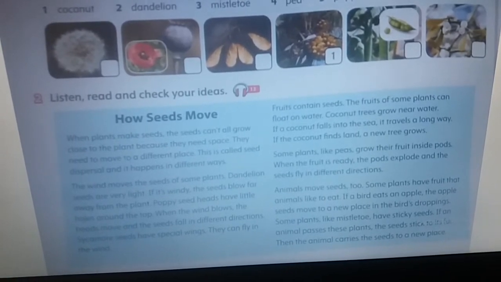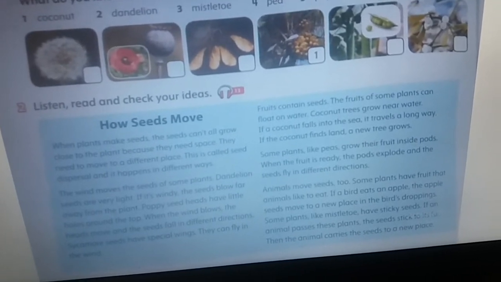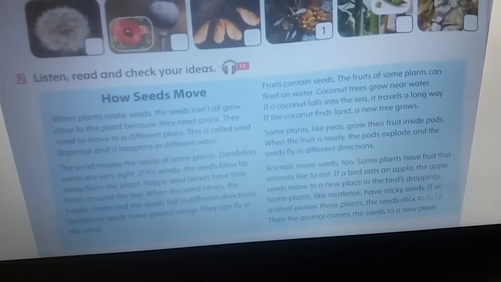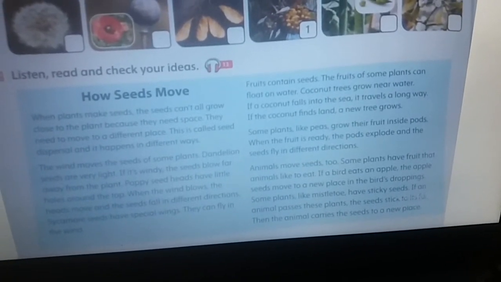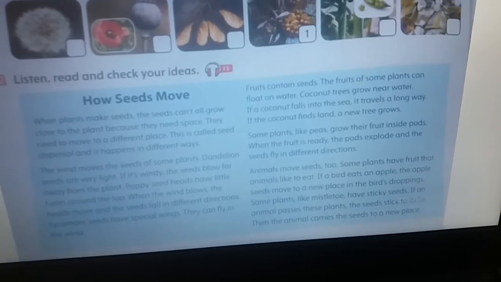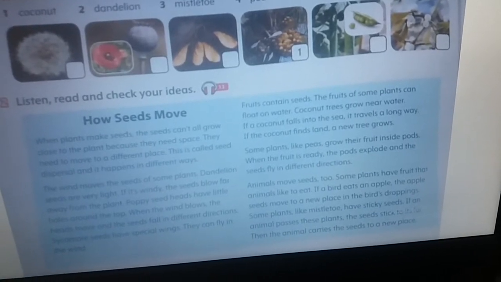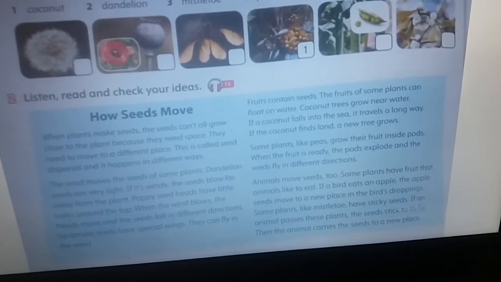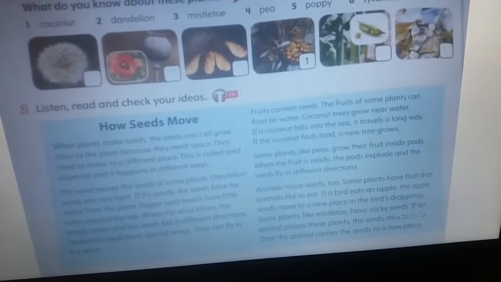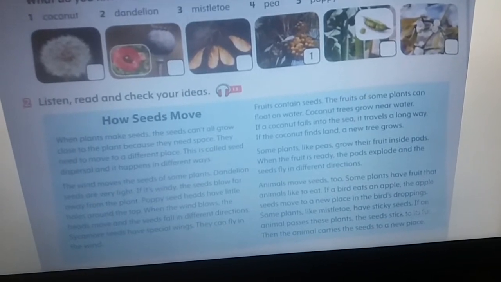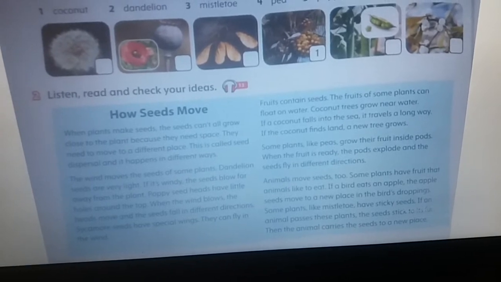When the fruit is ready, the pods explode and the seeds fly in different directions. Animals move seeds too. Some plants have fruit that animals like to eat. If a bird eats an apple, the apple seeds move to a new place in the bird's droppings. Some plants, like mistletoe, have sticky seeds. If an animal passes these plants, the seeds stick to its fur. Then the animal carries the seeds to a new place.